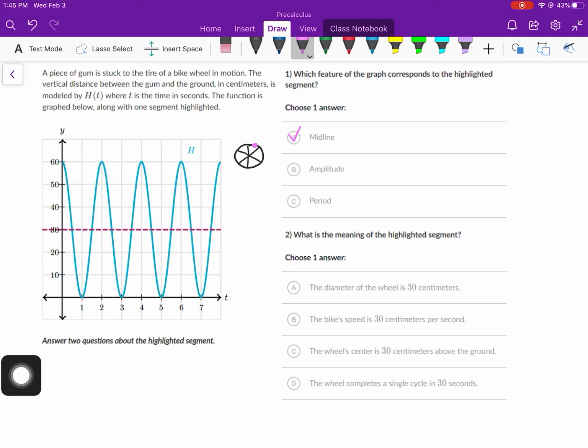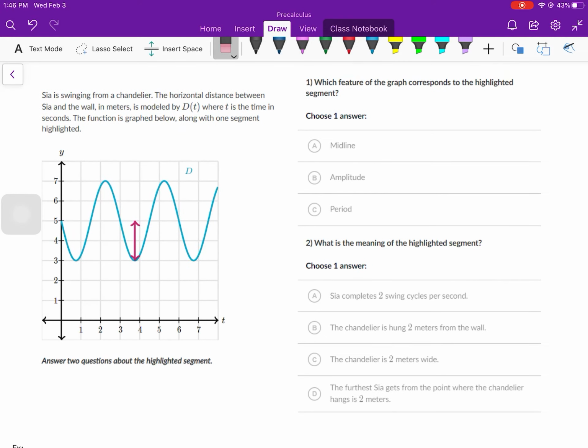Now, I think that's what it's talking about, right? Midline is probably talking about the wheel center and it being 30 meters. So that height, when the gum is right there, is going to be 30 meters. That's where the wheel center is going to be, because that would be the same height as the center of the wheel. And the wheel completes a single cycle in 30 seconds. No, it's actually doing a cycle in, looks like 2 seconds, but that would be the period, if we're looking for that.